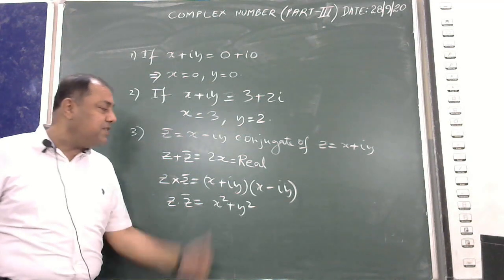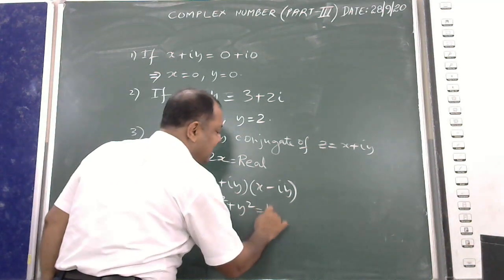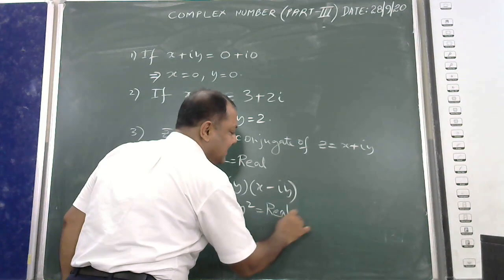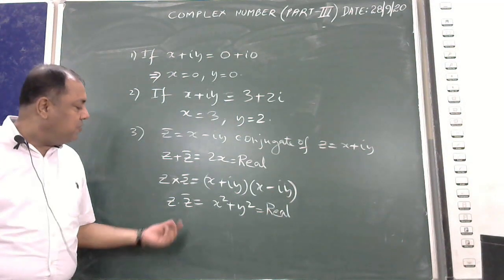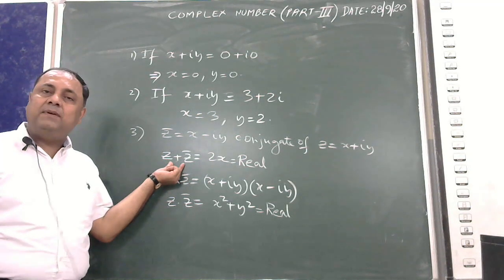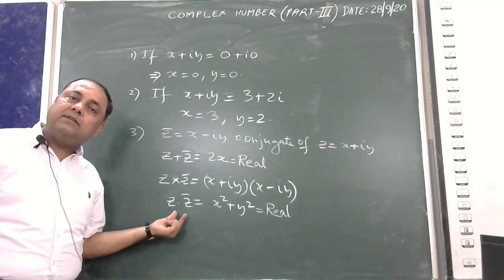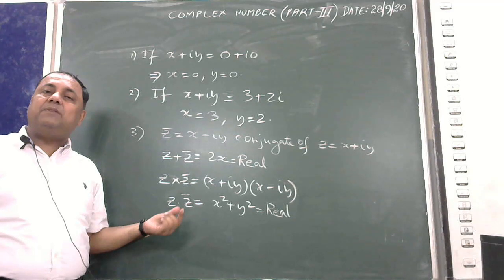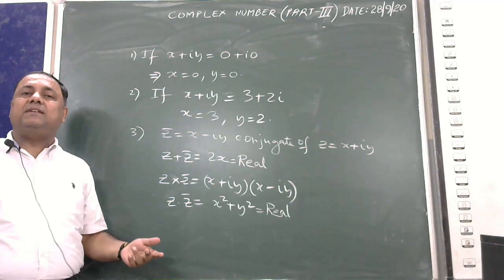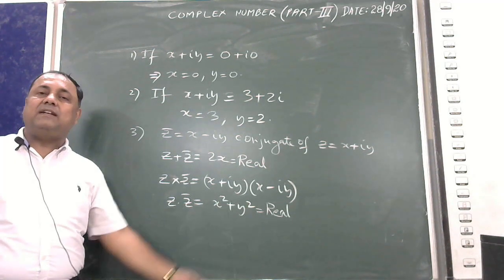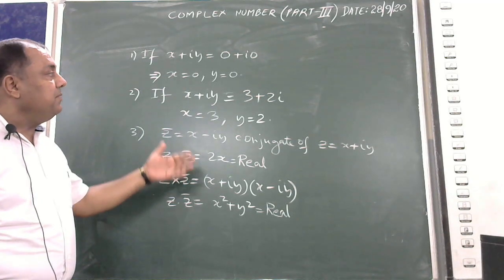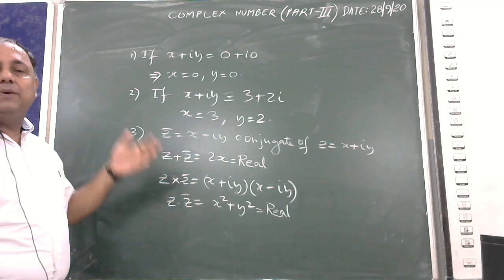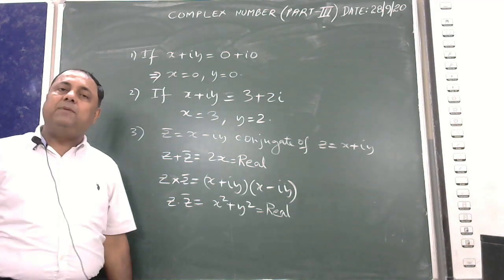So it is again a real number. So the sum and even the product of two numbers which are conjugate to each other is a real number. These are properties which we are going to use while working out problems.